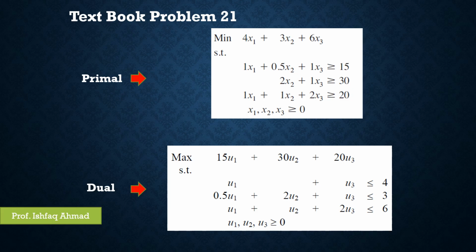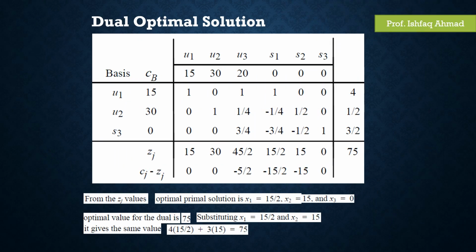I have taken a textbook problem, problem 21 in the exercise. The given primal is here and its dual is this one. After performing the simplex iterations in the previous slide problem, here is the dual optimal solution.